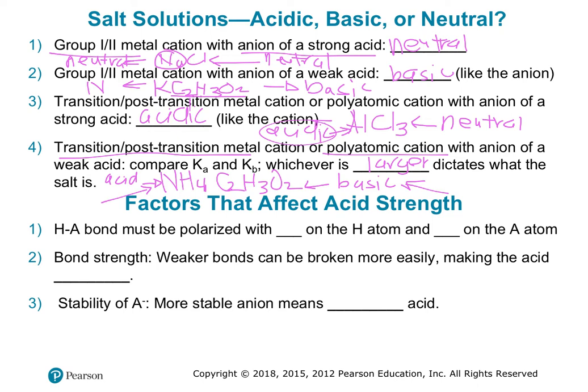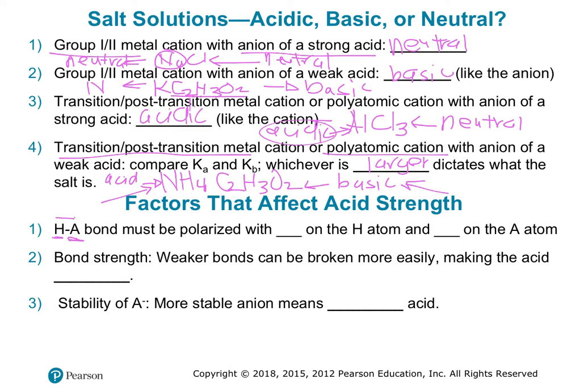Next, we're going to think about other factors that affect acid strength. Specifically we're thinking about the structure. When we have an acid, so a hydrogen-conjugate base bond, our acid bond, we are generally going to have the case that the element A here has a different electronegativity than hydrogen.